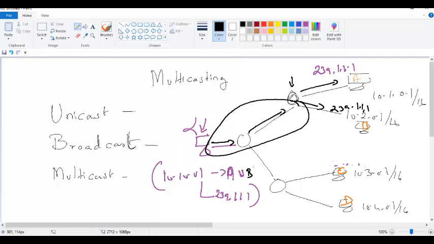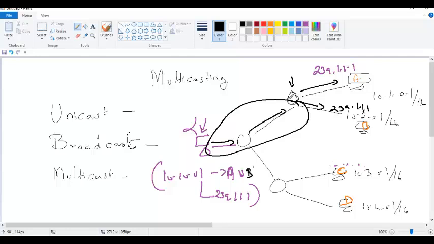Broadcast will go to everyone, including those that need to get it. But the problem is those people who are not supposed to get it, they also get it, not secure. Unicast is consuming more CPU and bandwidth. So here we understand where to use multicasting and the advantage of using multicasting.